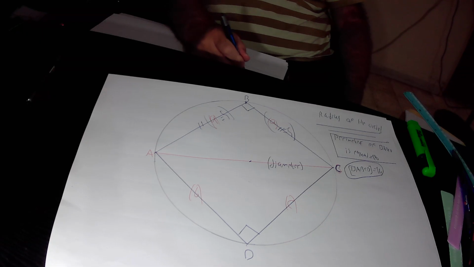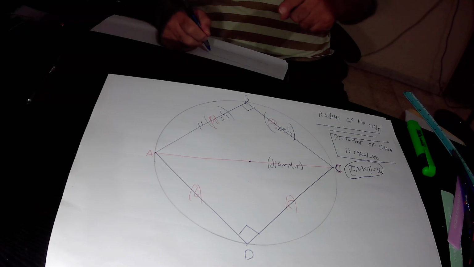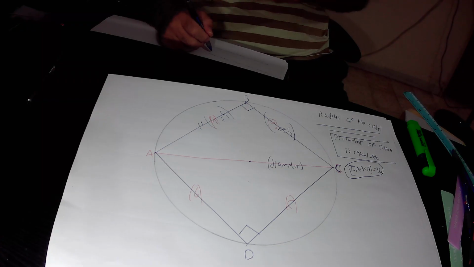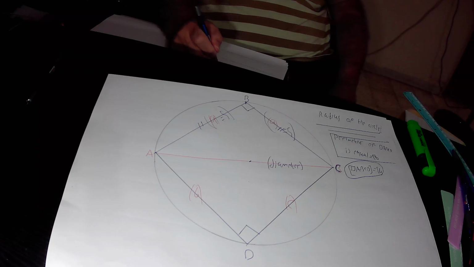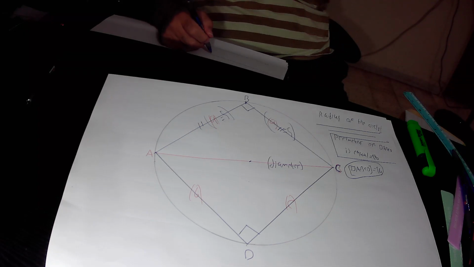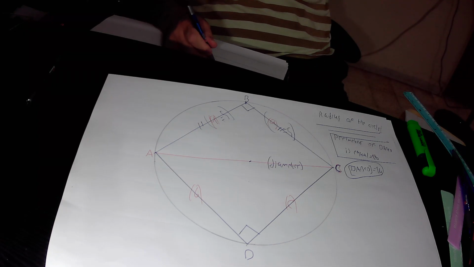AC is the missing side, so AC square equals to AB square. AB is 5, therefore AB square is 5 square, that is 25. Plus BC square. BC is also 5, so BC square is 5 square, that is 25.